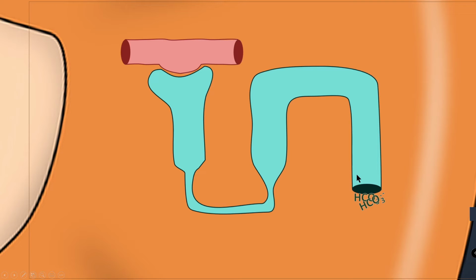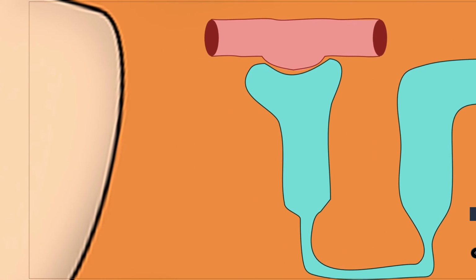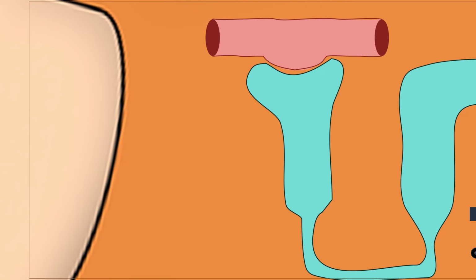But bicarbonate is very important for us. It is our alkali soldier, our acid fighting soldier of our buffer system. We cannot afford to lose bicarbonate. We must somehow reclaim and reabsorb this bicarbonate, and that is done through the proximal convoluted tubule of our kidney. So let's suppose this bicarbonate was intending to lose itself in urine.